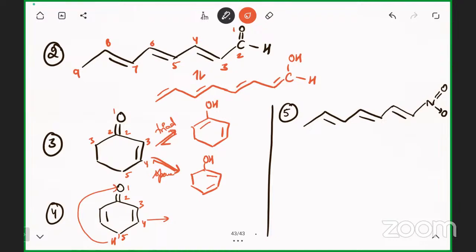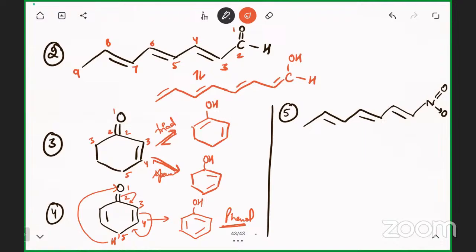Then this double bond will transfer here, this double bond will transfer here. So the compound formed will be OH, single, single, single. What is the name of this compound? Phenol.